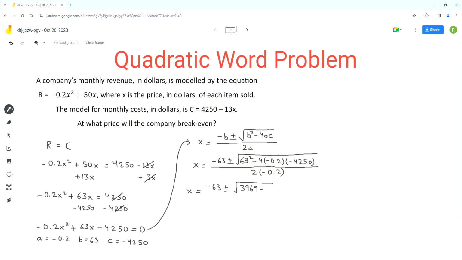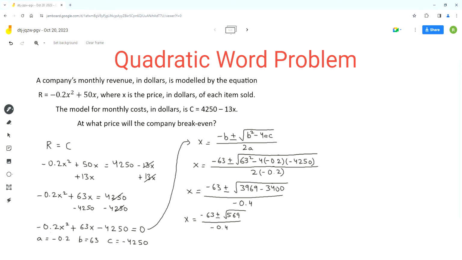So I get 3400, and the denominator, I get negative 0.4. Now we can subtract the terms under the radical or the square root. So we get the square root of 569 over negative 0.4.